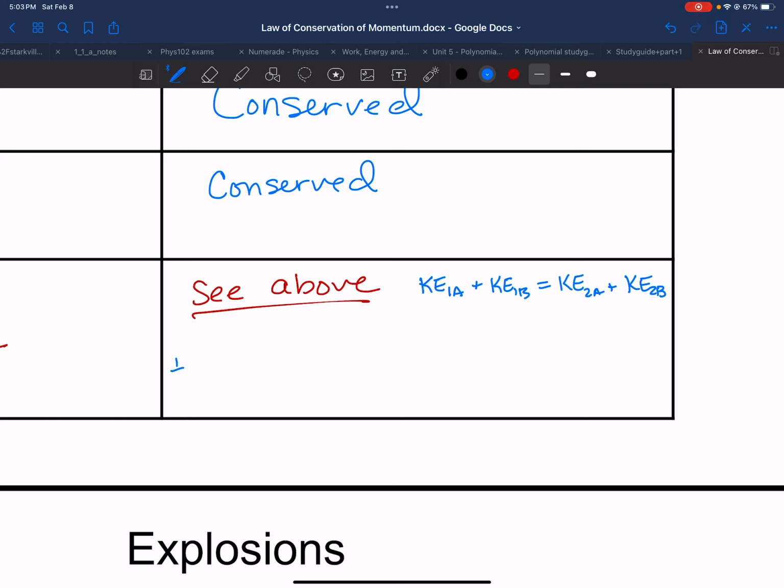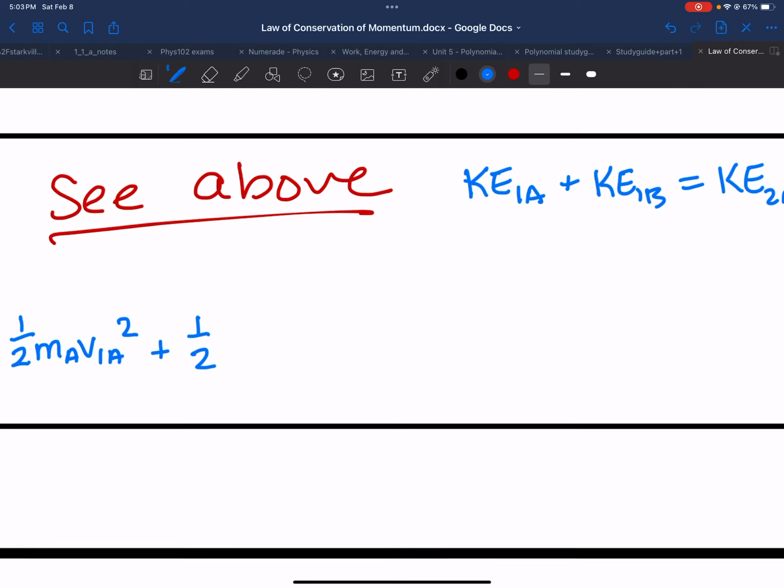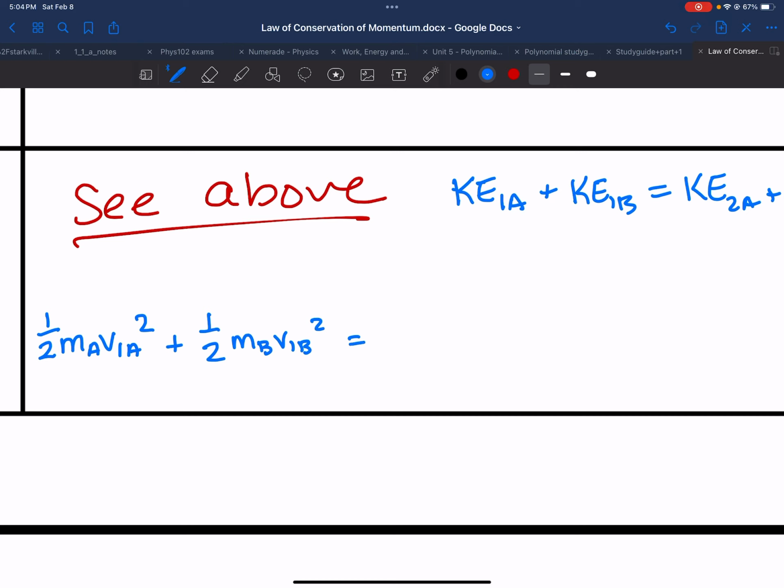So that would be 1/2 m_A v_1A squared, which is my kinetic energy equation, plus 1/2 m_B v_1B squared is going to equal 1/2 m_A v_2A squared plus 1/2 m_B v_2B squared.